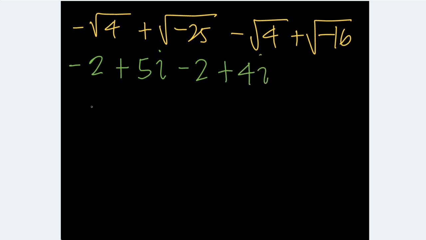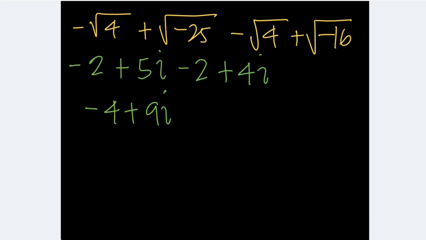Then negative 2 minus 2, negative 4 plus 9i. Did you get it correctly? Negative 2 plus 5i minus 2 plus 4i. Okay, negative 4 plus 9i. I think that one was the simplest. I was worried we got a mistake.